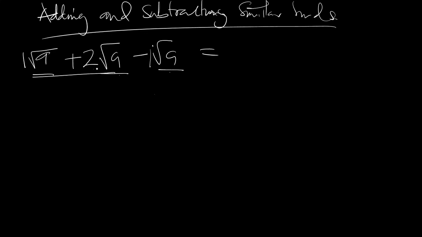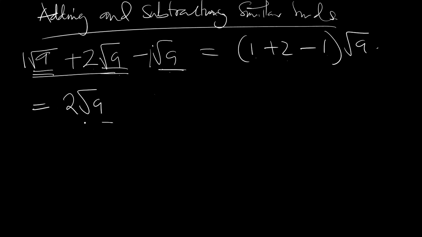Let me use the factorization method. If you factor out the square root of a, you have 1 plus 2 minus 1, times the square root of a. So 1 plus 2 is 3, minus 1 is 2. So you have 2 root a. This is what they mean by adding similar surds.